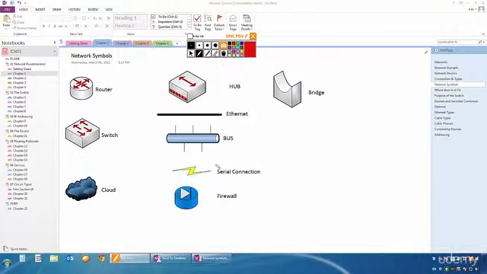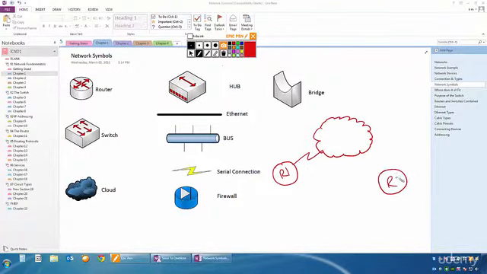So let's talk about this idea of the cloud. A cloud usually symbolizes that we have a router that's plugged into a cloud, and over here is another router that's plugged into the cloud.